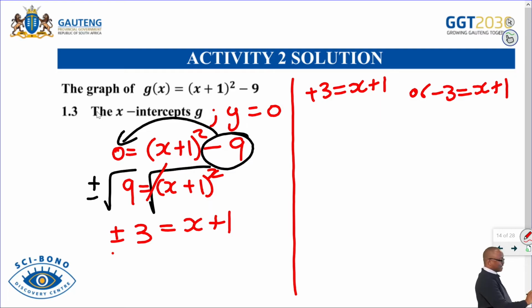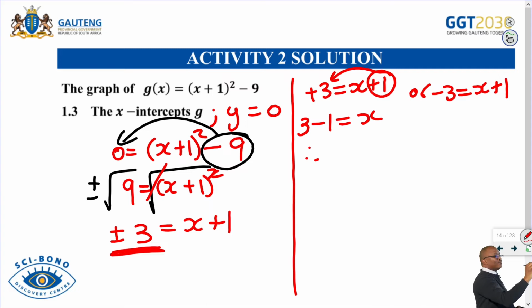So you can see that I've separated the two values. The one was positive, the other one is negative. Now solving for x, we take this positive one, we transpose it, and we're going to have 3 minus 1 is equal to x. Therefore, x will be equal to 2.